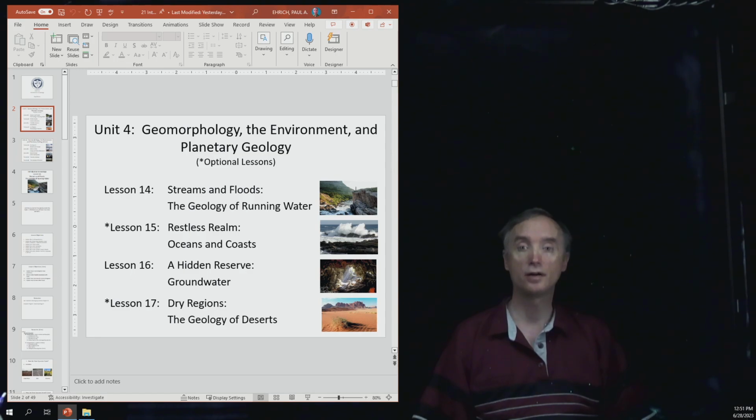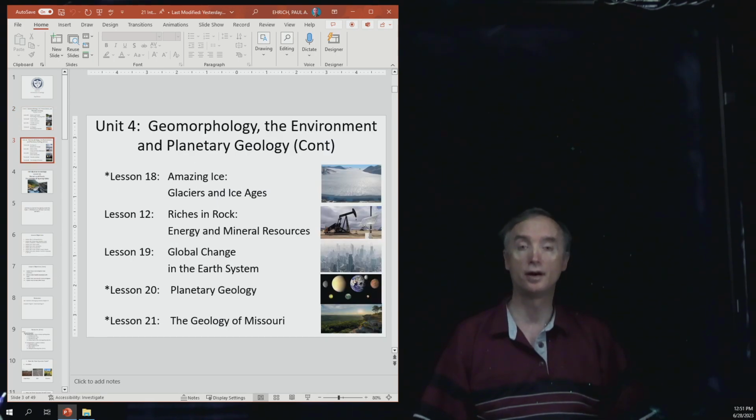And it's going to cover the following lessons: lesson 14 on rivers, lesson 15 on oceans, lesson 16 on groundwater and caves, lesson 17 on deserts, lesson 18 on glaciers, lesson 12 on mineral resources, lesson 19 on environmental geology, lesson 20 on planetary geology, and then finally lesson 21 on the geology of Missouri.